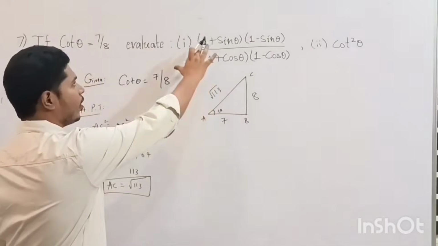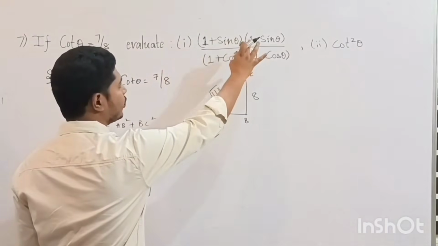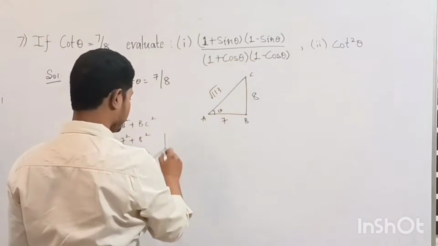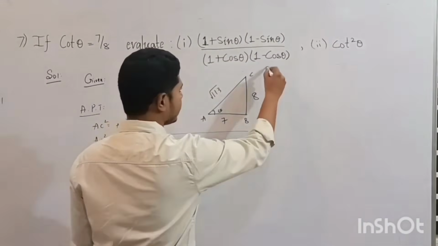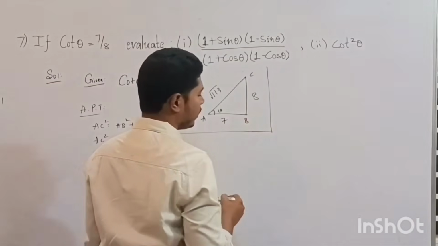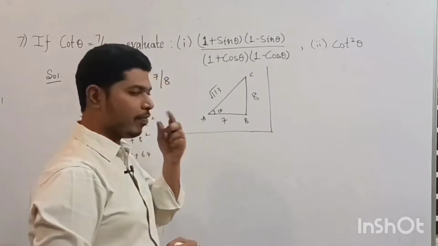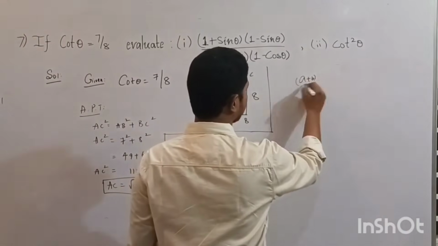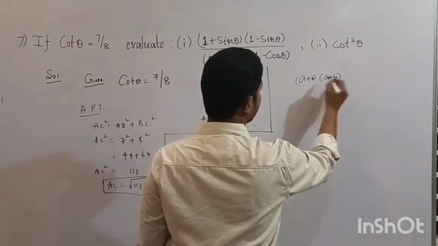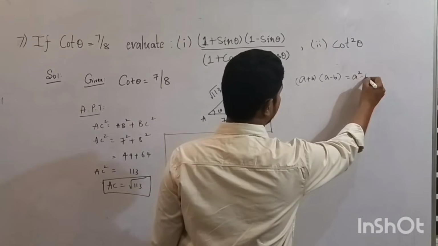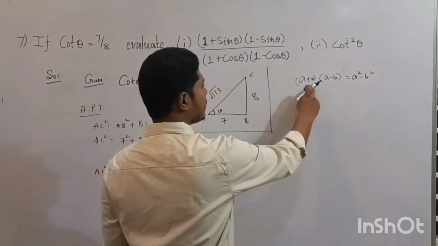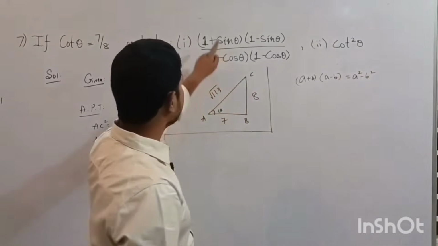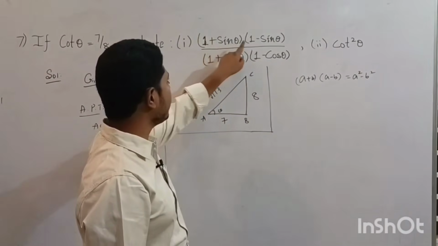Now we have to find (1 plus sin theta) into (1 minus sin theta) by (1 plus cos theta) into (1 minus cos theta). In mathematics, we have one formula: (a plus b) into (a minus b) is equal to a square minus b square. Now, the numerator is in the form of (a plus b) into (a minus b).